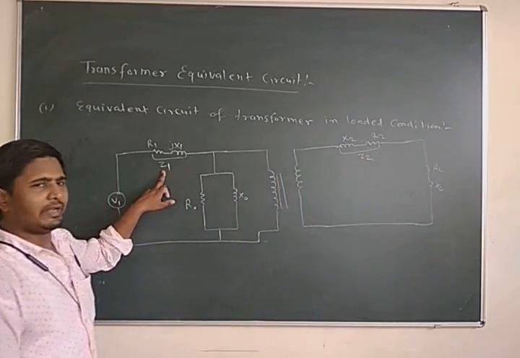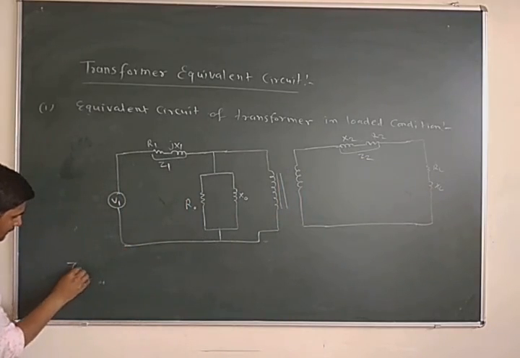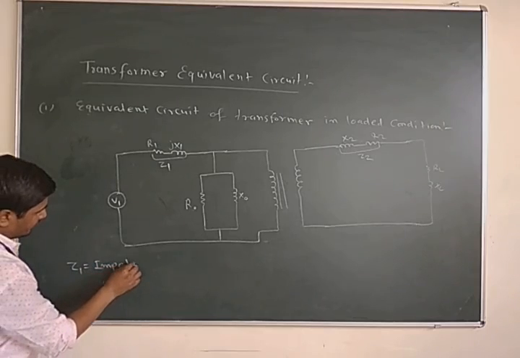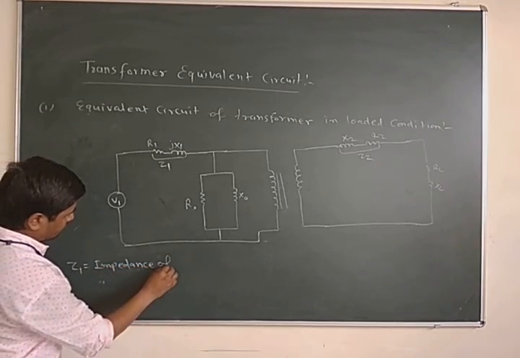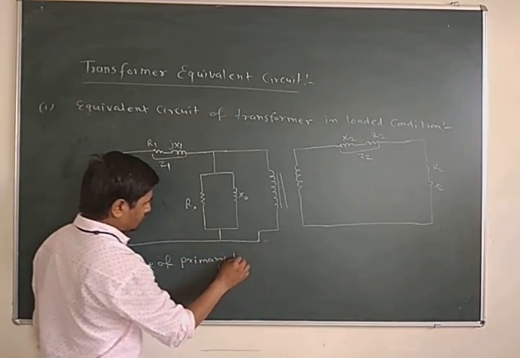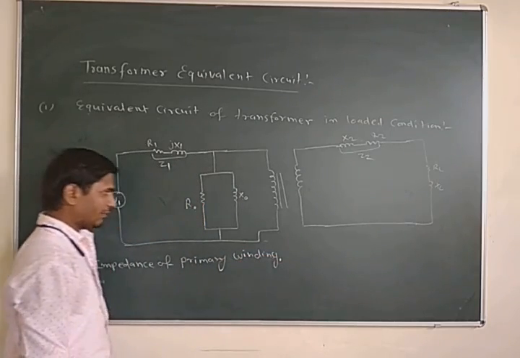Z1 is the impedance of the primary winding.